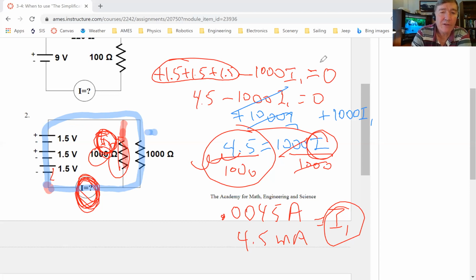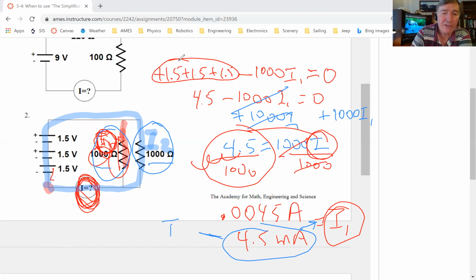So this current over here, let's call this current I2. Okay, Brandon recognizes that the current through here and the current through here are going to be the same because the resistors are the same. So 4.5 milliamps is I1, but that means 4.5 milliamps is also I2.